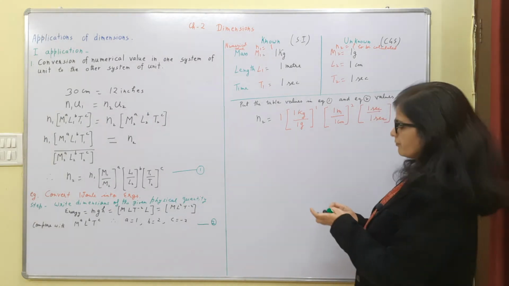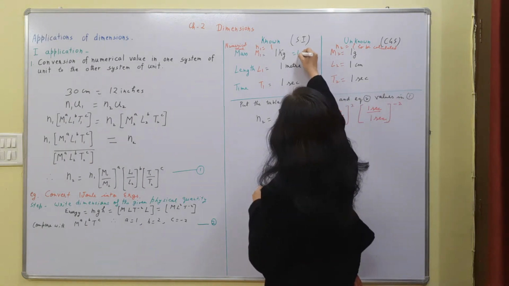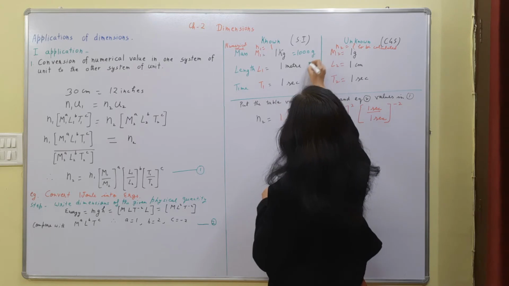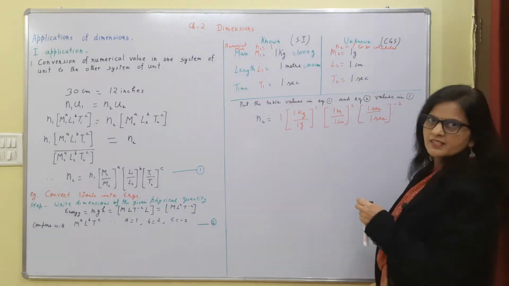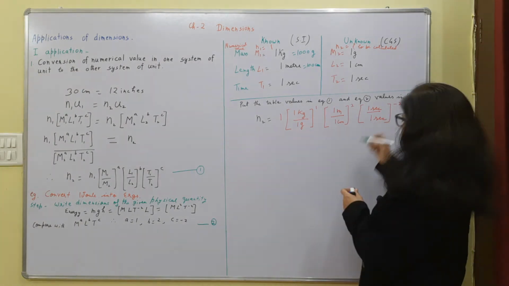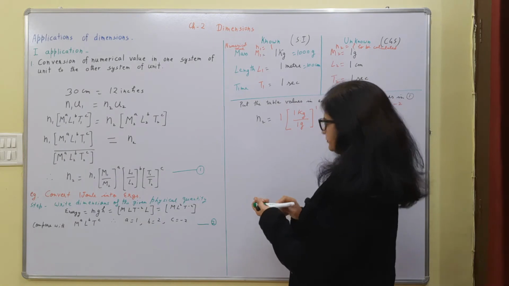So if I write 1 kg is equal to 1000 gram, 1 meter as 100 centimeter, and second is same, so it will directly be cancelled.